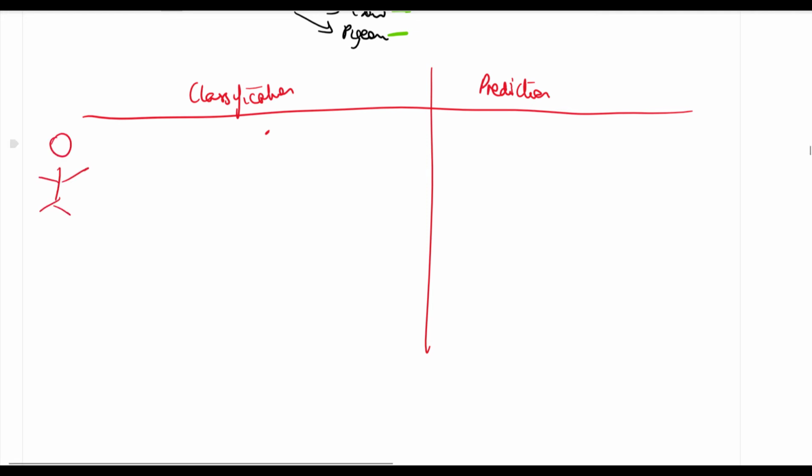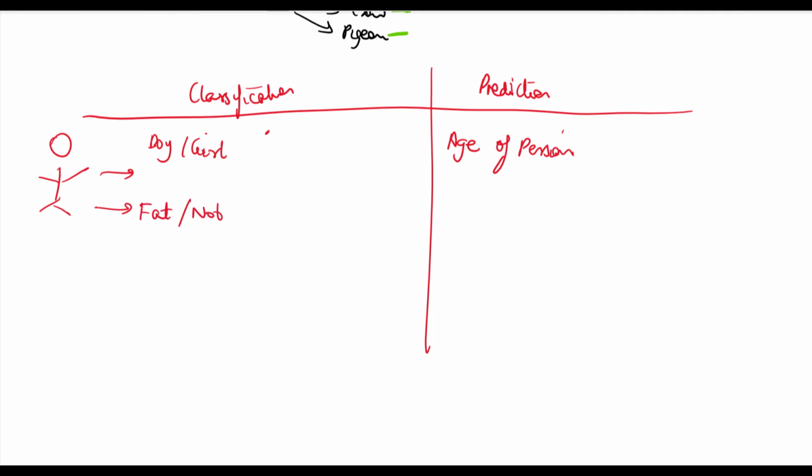Another example of the difference between classification and prediction or estimation is, let us say you look at a person and you try and guess whether this person is a boy or a girl. And a prediction would be, if you predict the age of the person. Another example is you predict whether the person is fat or not fat. Or let us say we take another example where the person is obese, very obese, or fit, and let us say ultra fit.